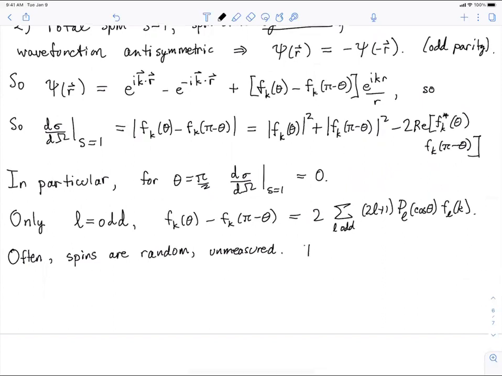And in that case, the 4 spin states, notice it's 4 spin states, not 2, because the degeneracy of the s equals 0 combination is 1, and the degeneracy of the s equals 1 combination is 3. There are 3 of those.